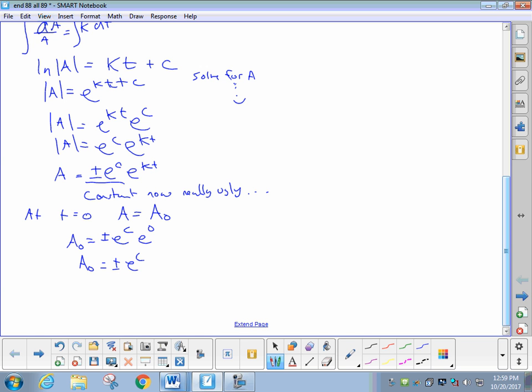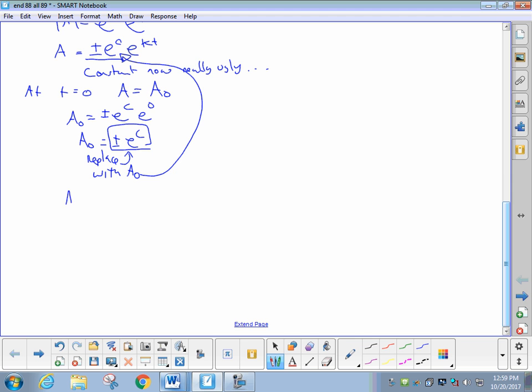So that big old mess of plus or minus e to the c, I could replace this whole thing with A naught. So if I go back to where I left off, I'm going to put in that place A equals A naught, or A initial, e to the kt. And you just derived the equation for exponential growth.